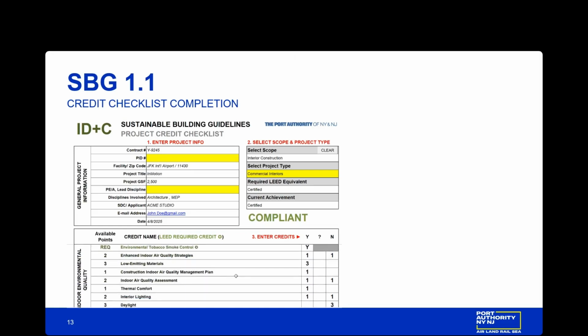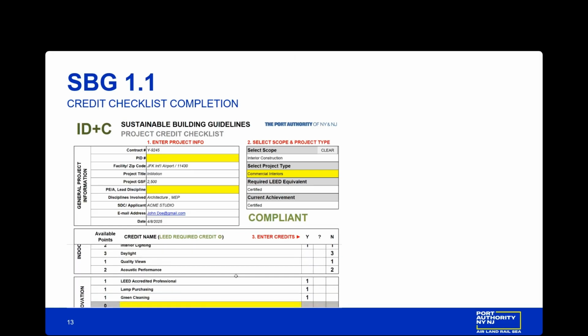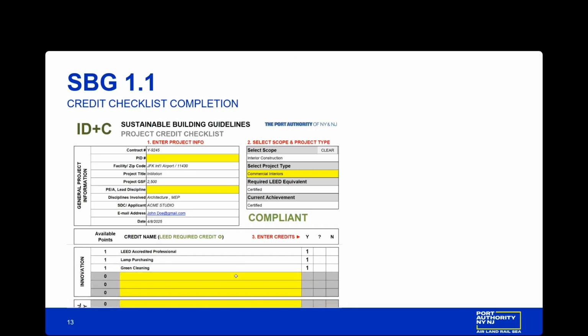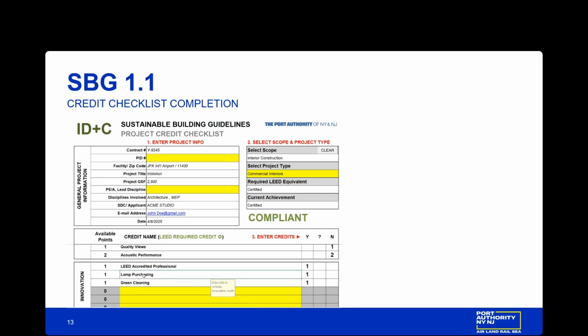When we come down to innovation credits, these do not have an individual point allocation. Some of them can actually be typed in because different projects will have different innovation credits. So when you see that it's blank, there are 0 available points. But once I start populating it with a credit, it will automatically switch to 1 available point, and then we'll have to account for that point.